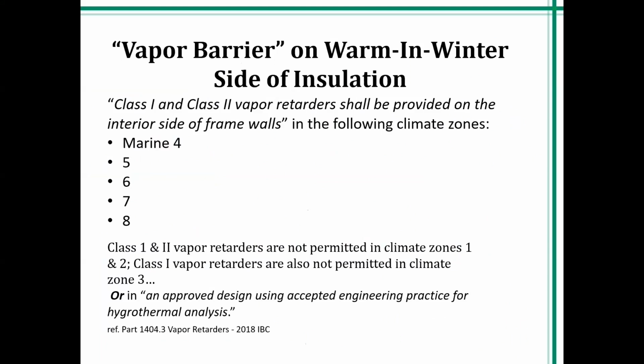The exterior side of the wall just consisted of exterior gyp sheathing and some type of cladding system. So there's no exterior continuous insulation. But apparently somebody on the project along the way determined, well, instead of using the typical building wrap, which is vapor permeable, the general convention is to use a vapor permeable air barrier on the cold in winter side of the insulation.